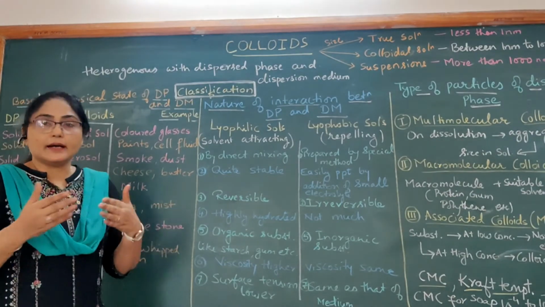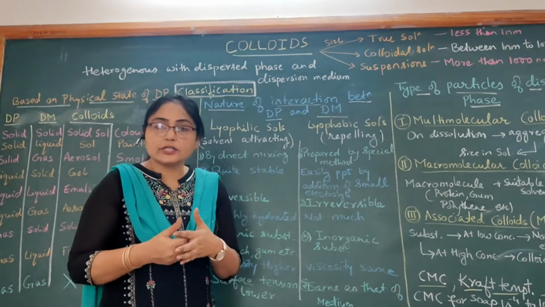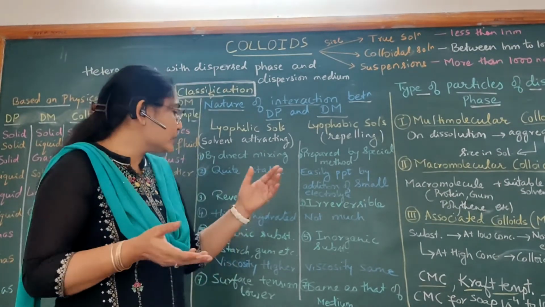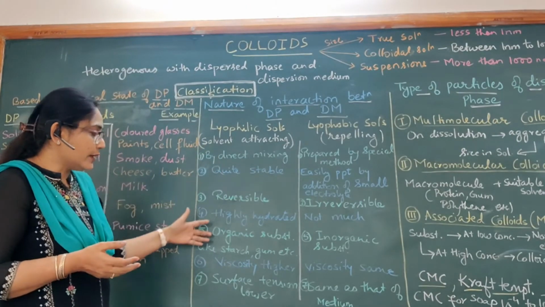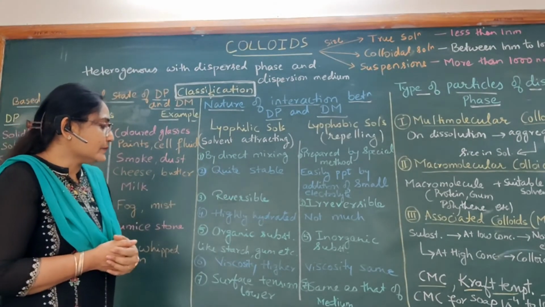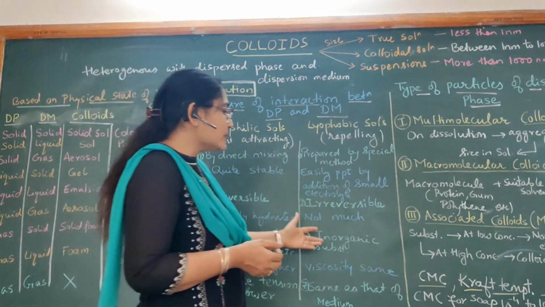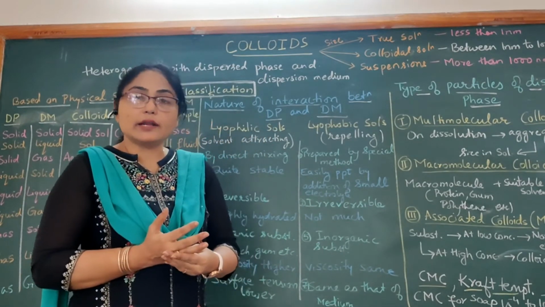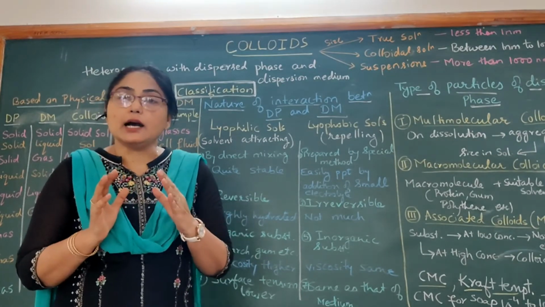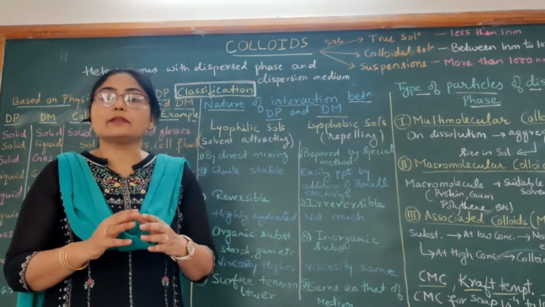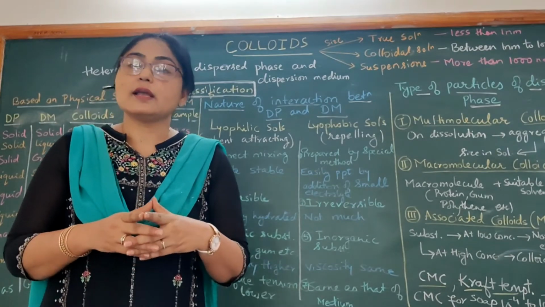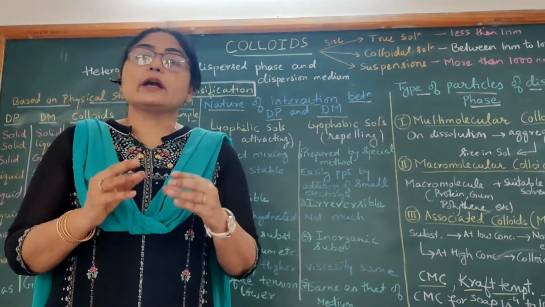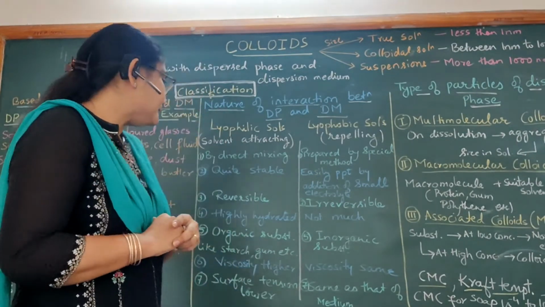For example, the solutions I showed you, starch, gum, enzyme, all of these are lyophilic salts. And lyophobic salts are inorganic substances, which need a highly specialized method for the preparation of colloidal salts. They are not stable and they are also irreversible.